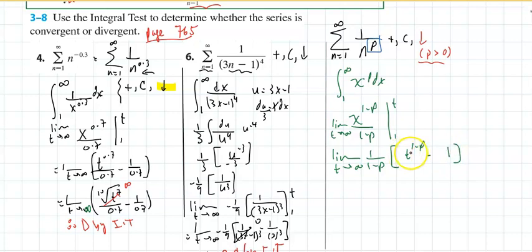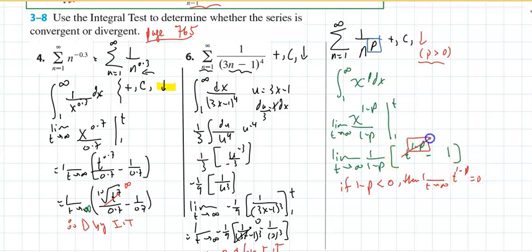Now think about it. I want this to converge. Well, if this power is negative, if 1 minus p is less than 0, then the limit as t approaches infinity of t to the 1 minus p will be 0.